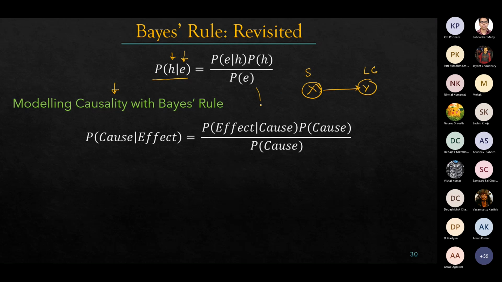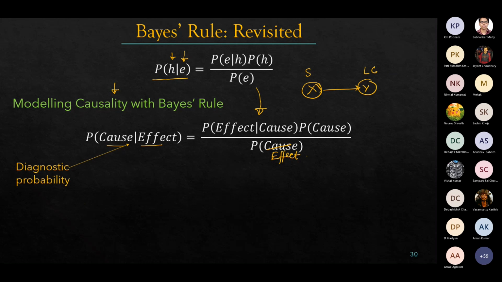So can we rewrite this in a form like this? We say that the probability of a cause given effect equals probability of effect given cause, times probability of cause, divided by probability of effect. So this should be effect, right? Let us try to see an example.